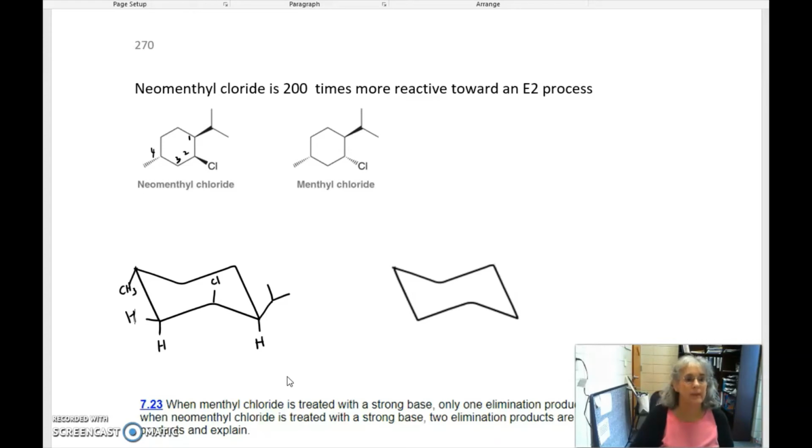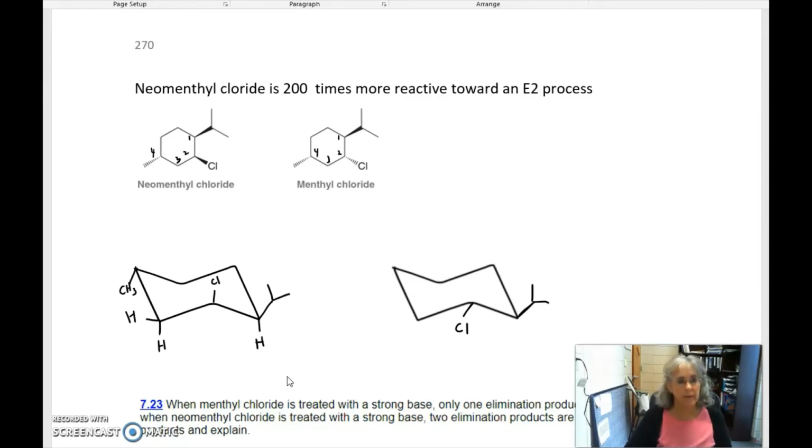Let's see what happens with this compound. This needs to be up, and it will prefer to be equatorial because it's kind of a bulky group. Here we have the chloride, and it is in the down position. It's 1, 2, 3, 4. So it will be in the down position. The up here is axial, so the down is going to be equatorial.